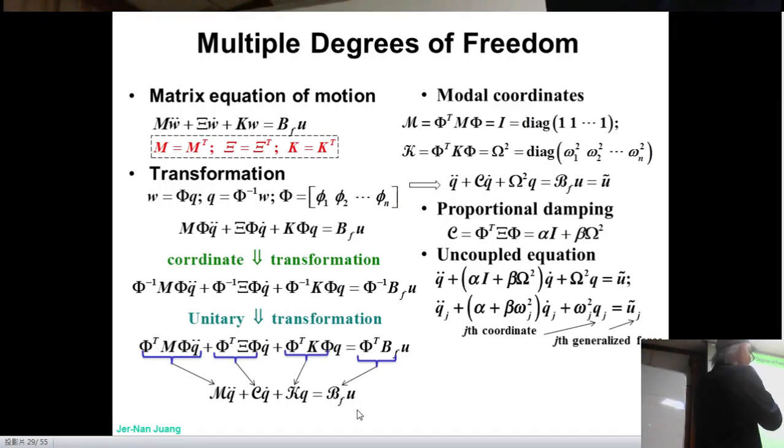Because M is symmetric, that E is symmetric, that K is symmetric. For a symmetric matrix, the phi there, we call unitary transformation. In other words, phi transpose equal to phi inverse.